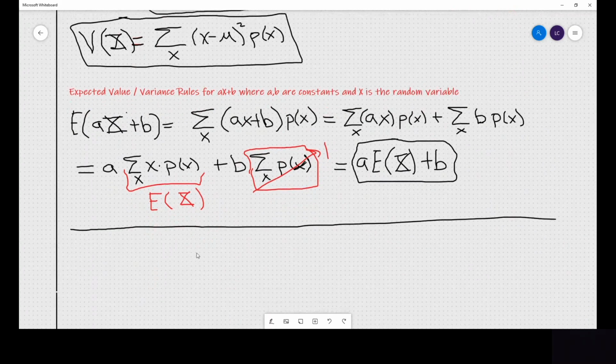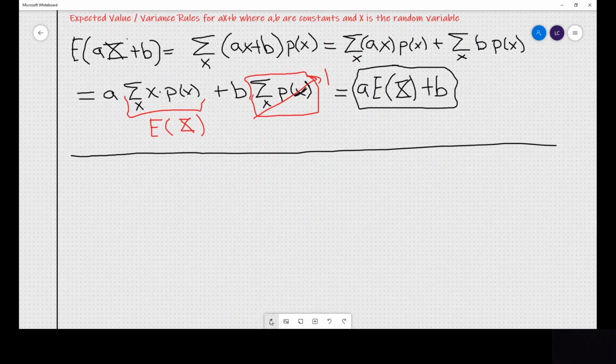And next, what we want to do is look at the same thing for the variance and see what happens to it.